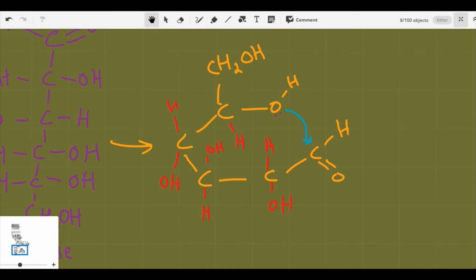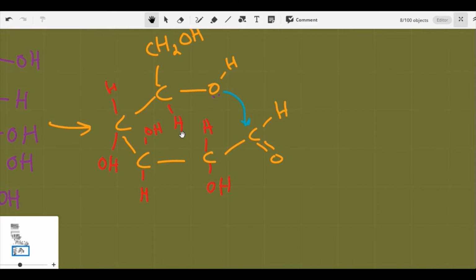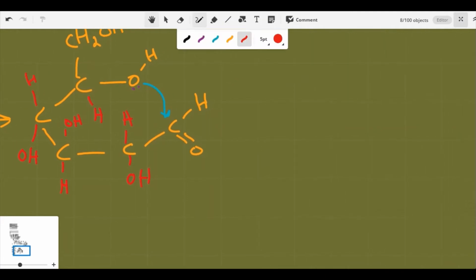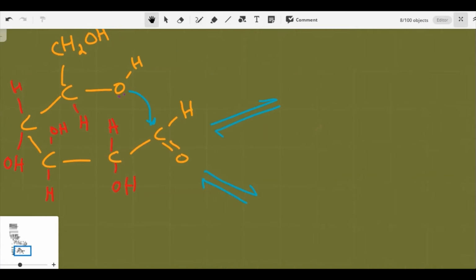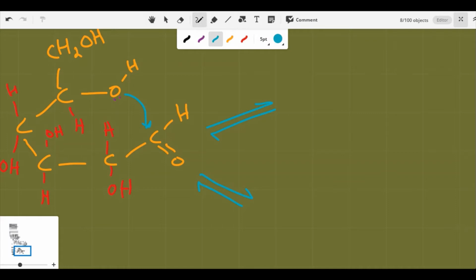Now you can see that the lone pair of the oxygen will attack the carbon, and here it will form two different types of structure, and those structures are known as alpha D glucopyranose and beta D glucopyranose.